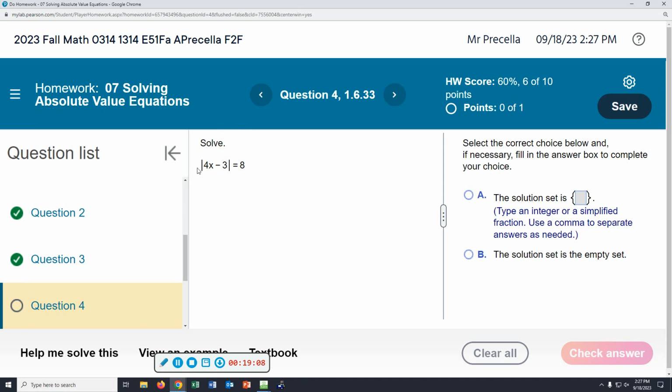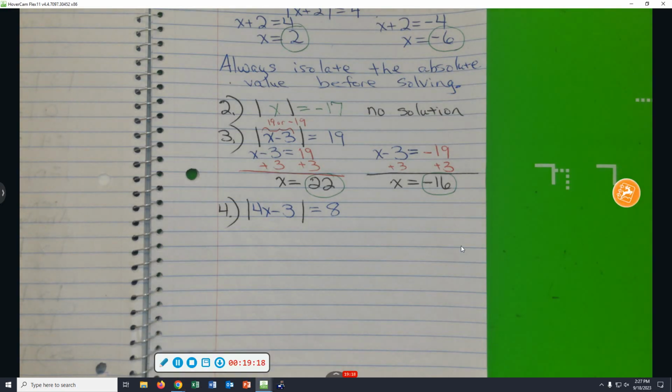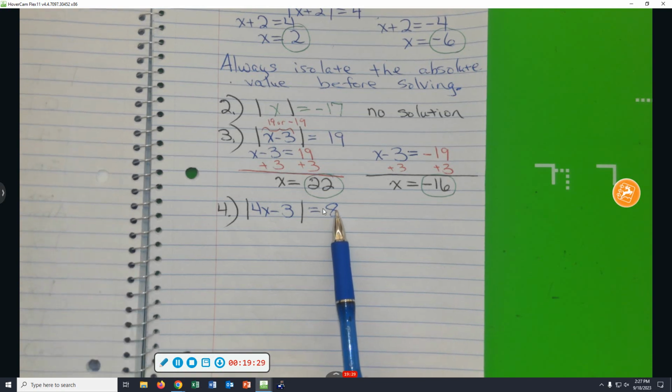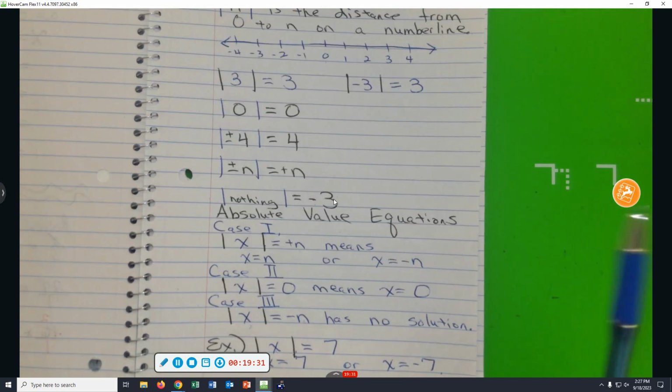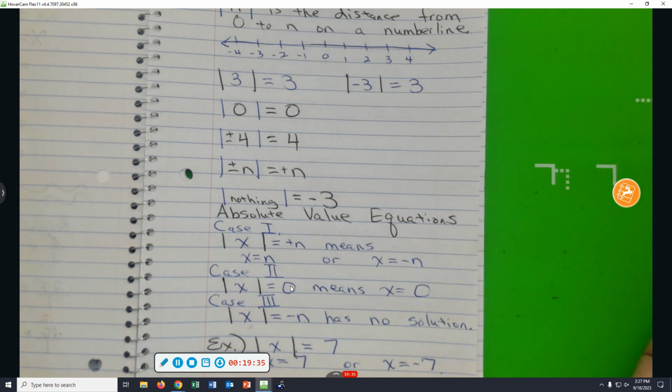The absolute value of 4x minus 3 is equal to 8. Is this one that's going to be no solution? No, we have the absolute value by itself on one side. What sort of number on the other side? Positive or negative? Positive. Which case? Case 1, 2, or 3? Case 1.